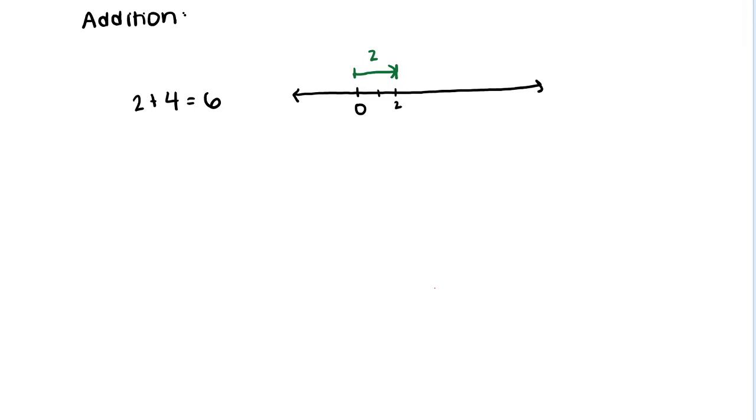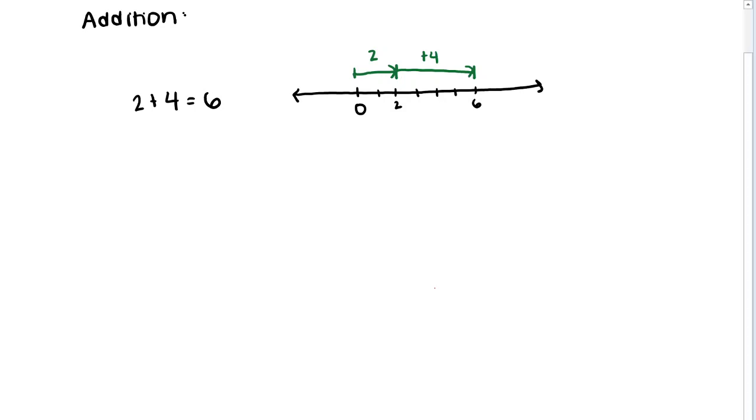And then adding 4, I can think of as going 4 units further to the right on this number line. So here's 3, 4, 5, 6. So this is what it looks like to add 4 onto 2. Adding a positive number is going to move me further right on the number line.